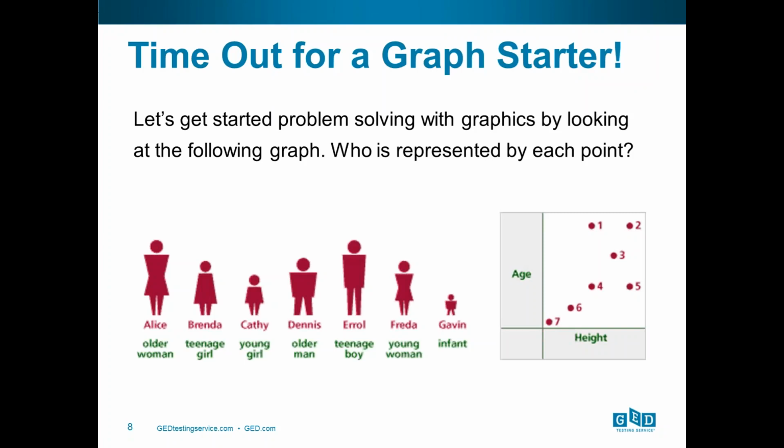So Bonnie, you've got one here, and you know it's got all these dots on it. The axes are labeled. You know, we got age and we got height, and what we're asking for here is who is represented by each point.